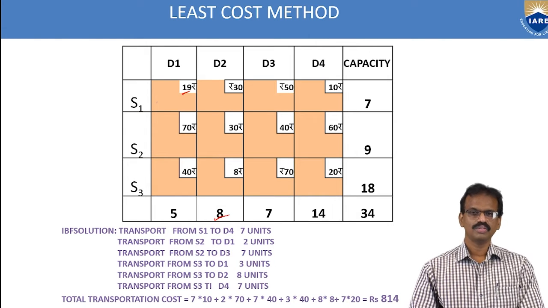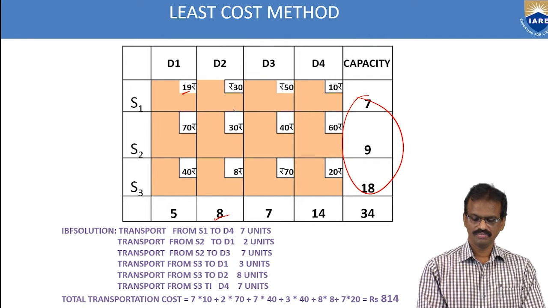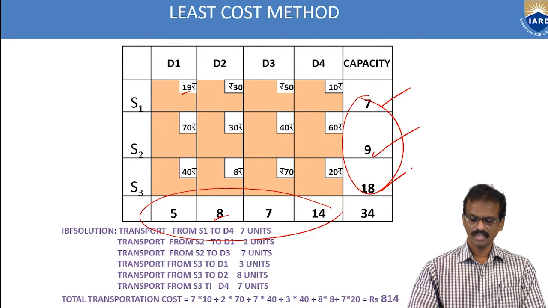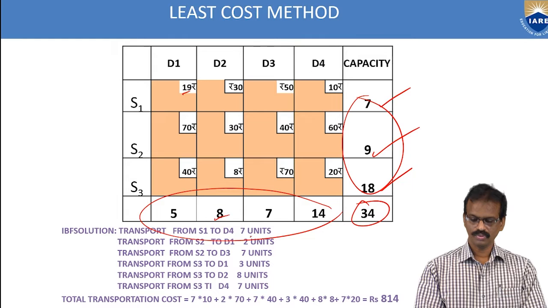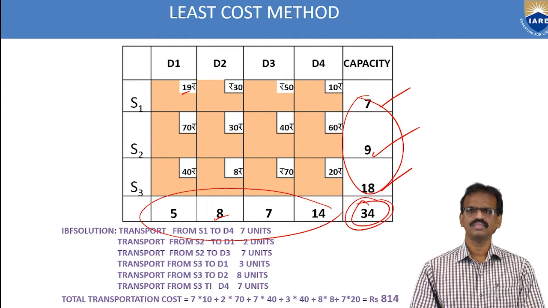If the total supply is equal to the total demand, it is a balanced transportation model. If it is not equal, it is unbalanced. Supplies 7, 9, 18: 7 plus 9 is 16, plus 18 is 34. Demands 5, 8, 7: 8 plus 7 is 15, plus 5 is 20, plus 14 is 34. So total demand equals total supply, and it is a balanced transportation model.